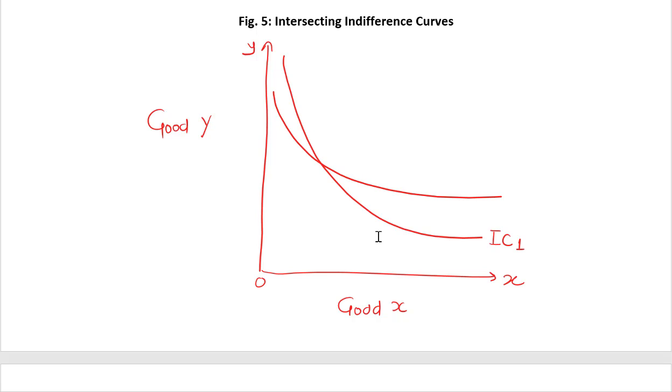There can't be an IC curve like this, IC2. This is not possible. Supposing this is point A, this is point B, this is point C. It is not possible. So IC curves can't intersect each other.